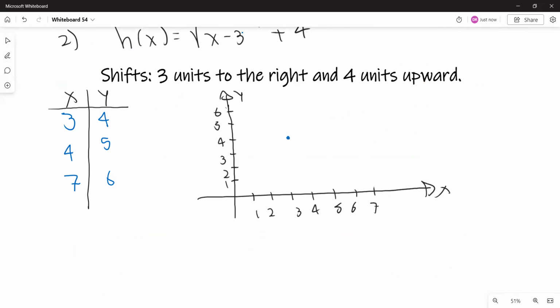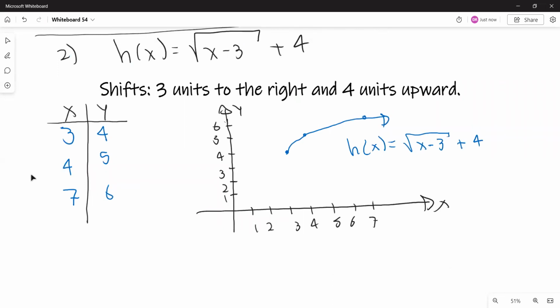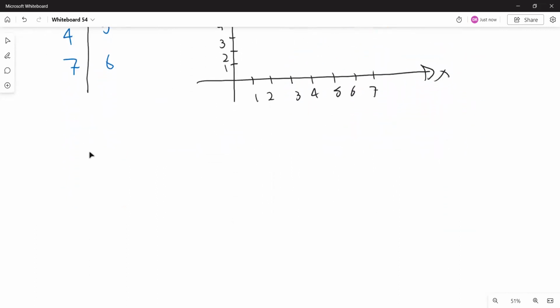So 3 units to the right, 4 units up. 4, 5, and 7, 6. So that ended up being the graph of h of x equals the square root of x minus 3 plus 4. Okay, so the first type of transformation was translations or shifts. The next type of transformations is going to be reflections.